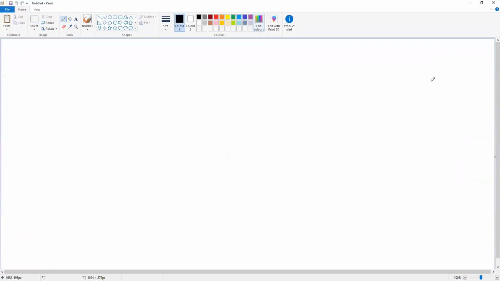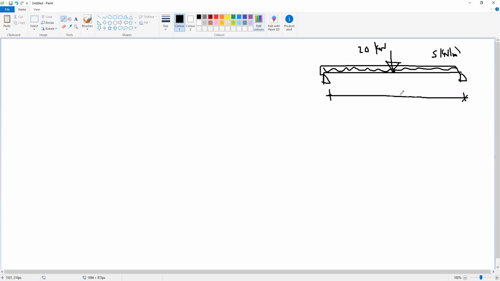For our first beam, we have a simple beam with 2 loads, 20 kilonewton and 5 kilonewton per meter, and the span here is 6 meter, 3 meter and 3 meter. And the given section is an I beam.